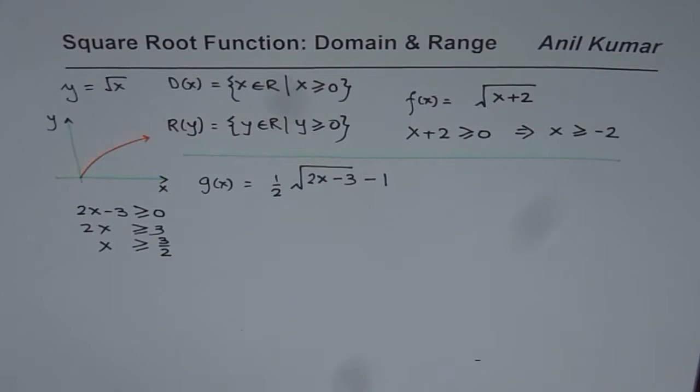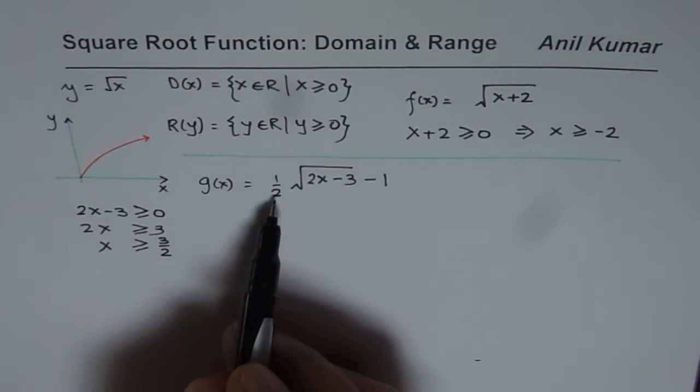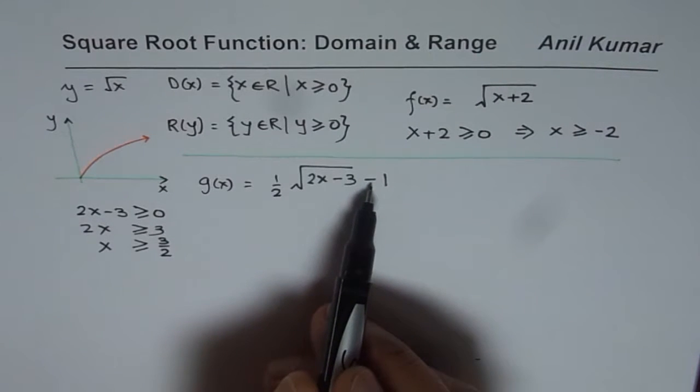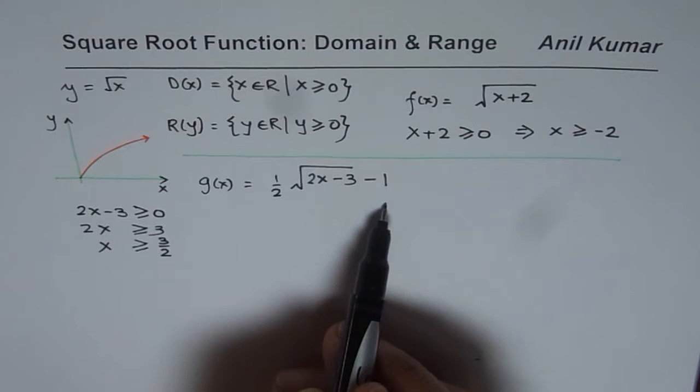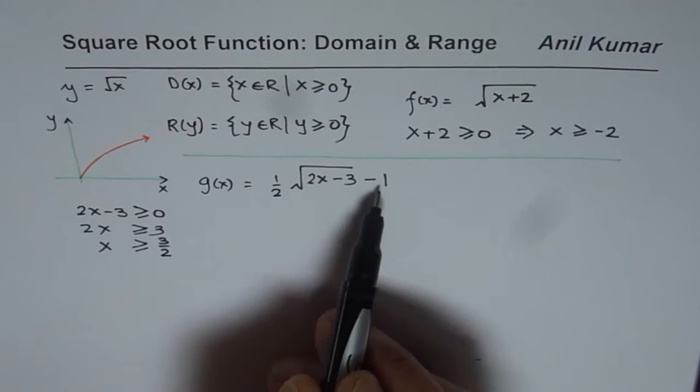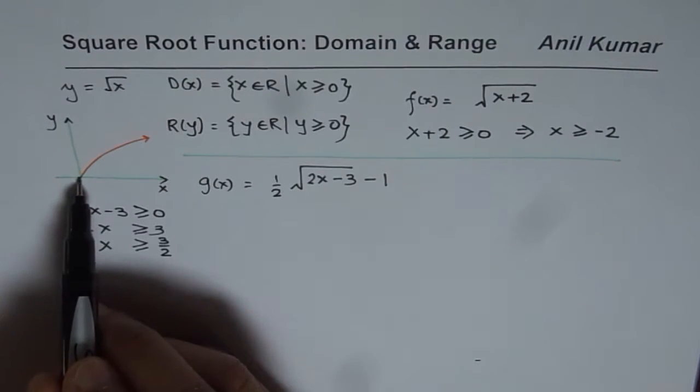So we get the domain. For range, what we notice here is that the y value has been translated 1 unit down, right? Vertical stretch and compressions really do not affect the range, right? So think about pulling the graph 1 unit down.